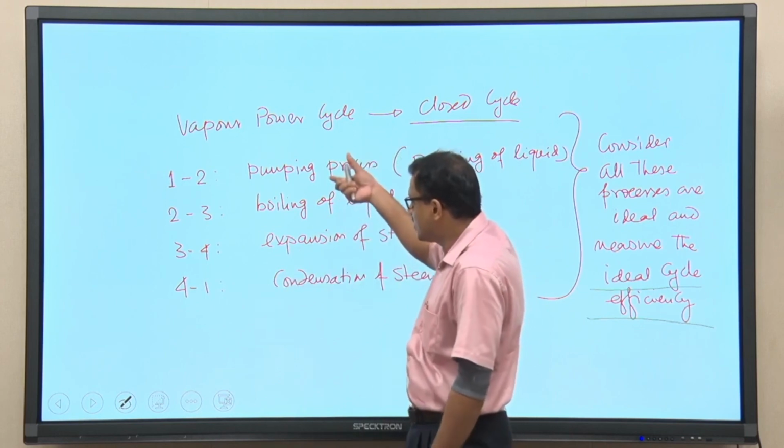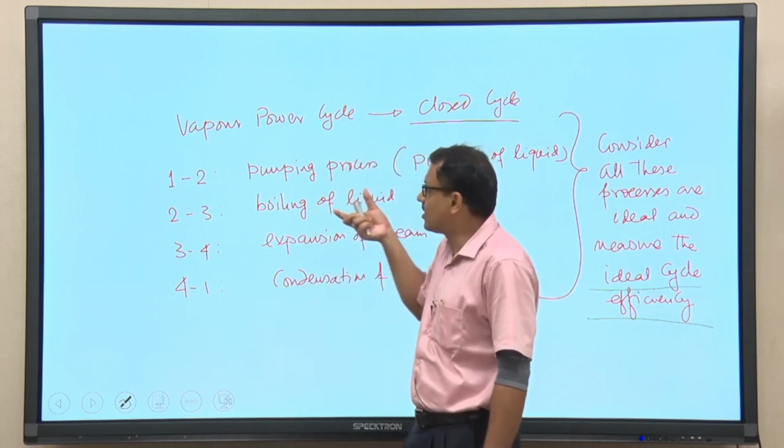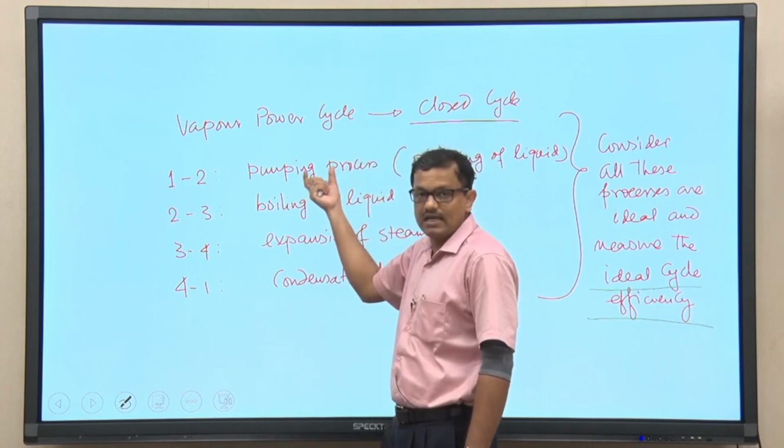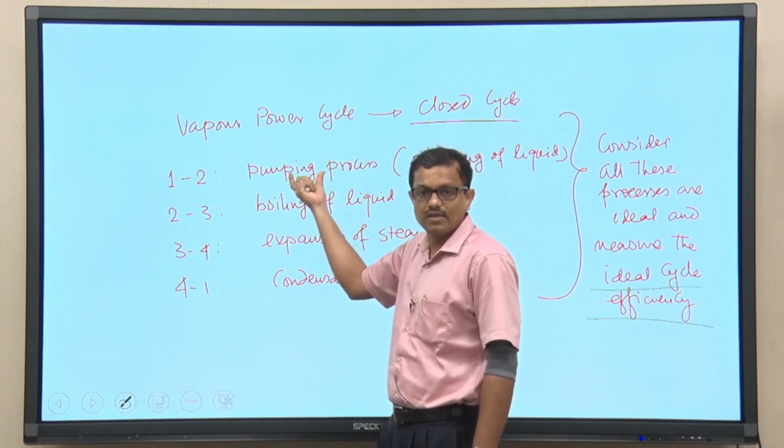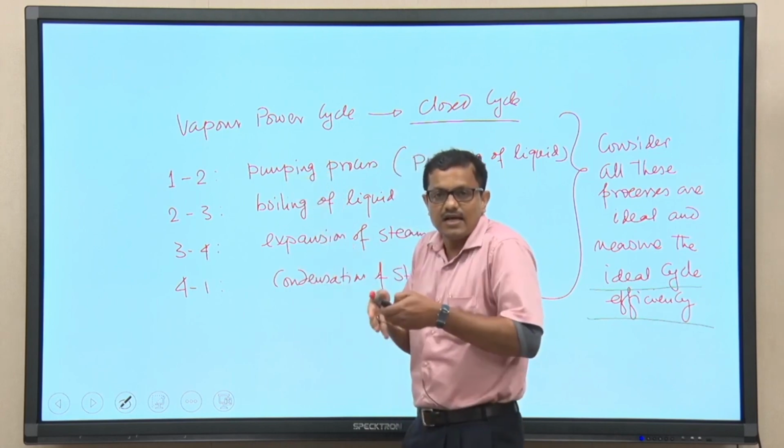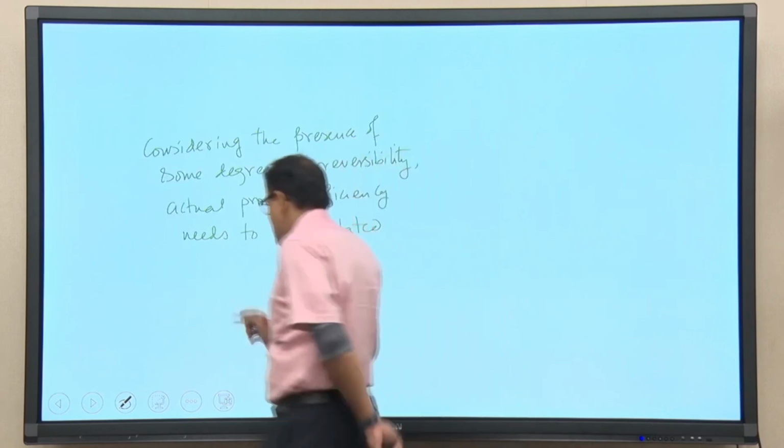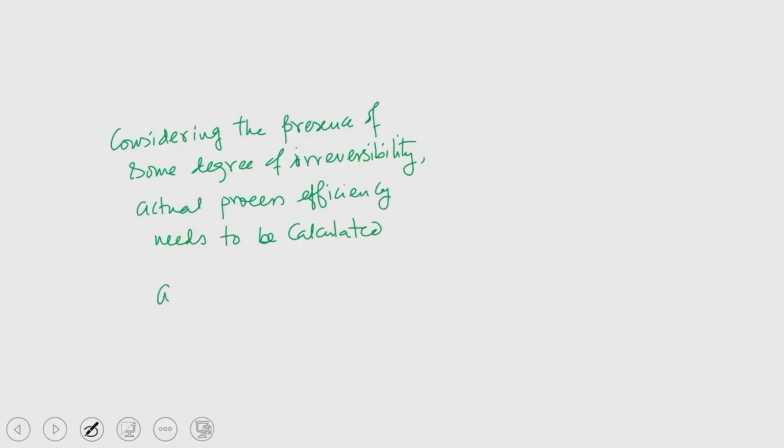So, considering all this irreversibility, we need to calculate the individual process efficiency, and then if we integrate them, we can get the actual cycle efficiency.